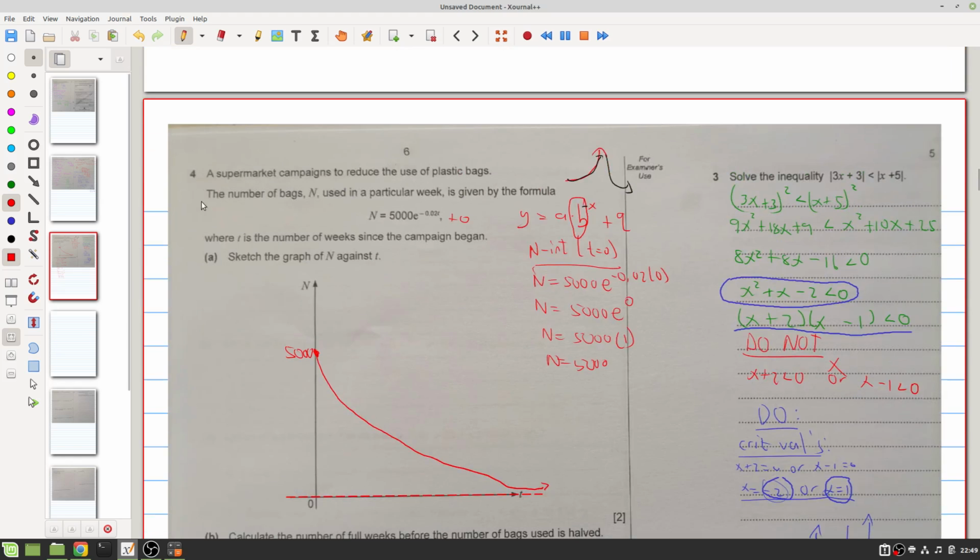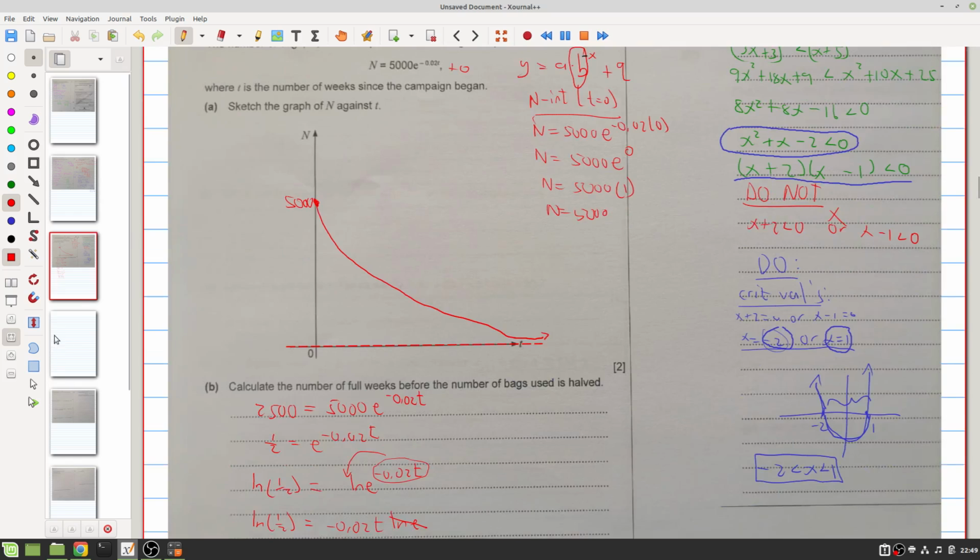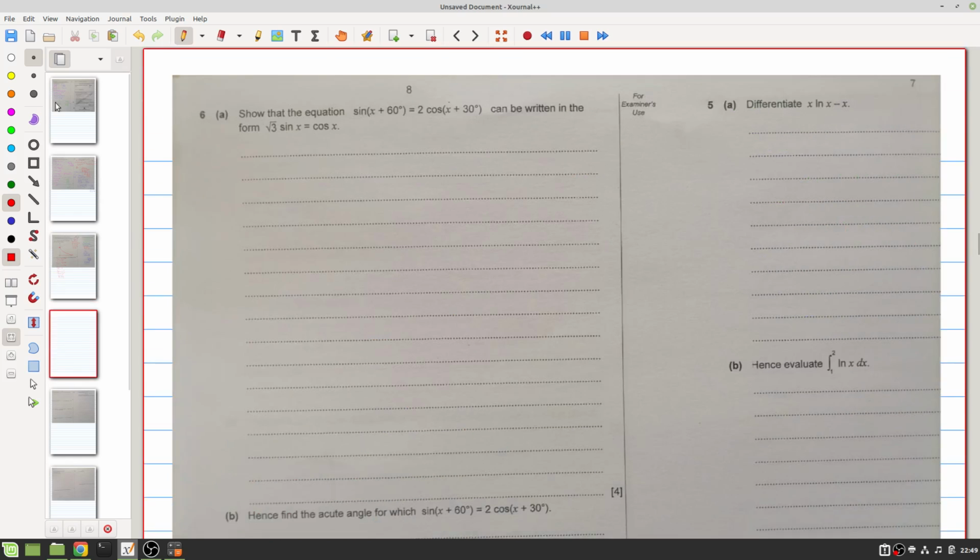All right, so that was question 4a and b. Then question 5. Okay, let's differentiate. We've got two functions multiplied together, so we're going to use the product rule for differentiation. Let's do a recap of the product rule.